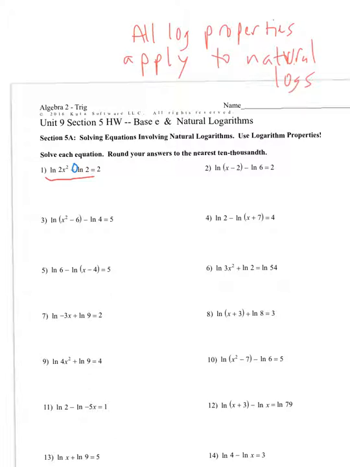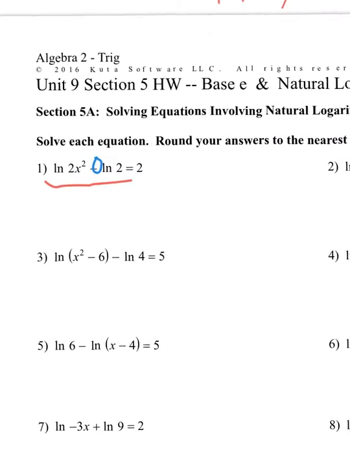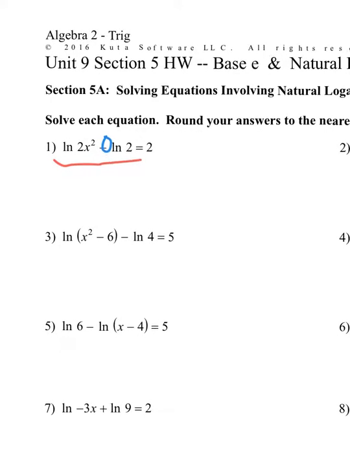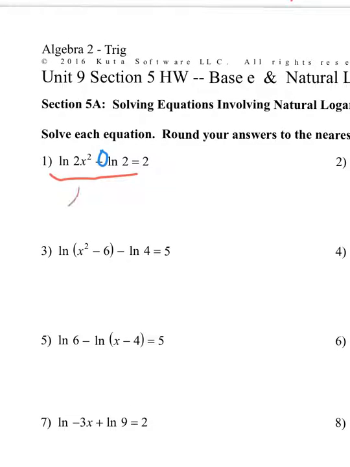So I want to get this side right here as a single natural log. So I'm going to write it as ln, and I have to take this and divide by this. So it's 2x squared over 2. Okay, because it's subtracting, so we put it as a quotient. That's the logarithm property, is equal to 2.